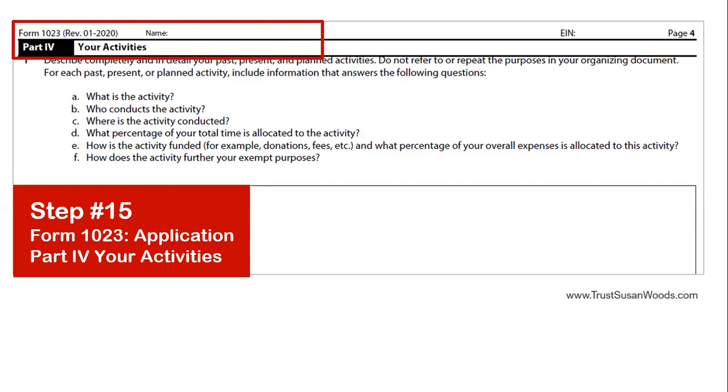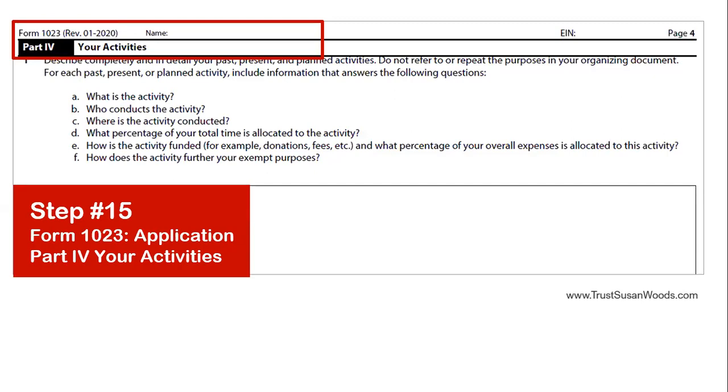And part 4 says your activities. So what do you complete? What is required? I'm going to talk about what's required now. And then, of course, as I always do, I'm going to actually go to the application and walk you through completing part 4. But I'm just going to give you an overview right now.